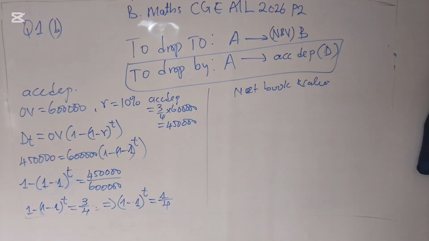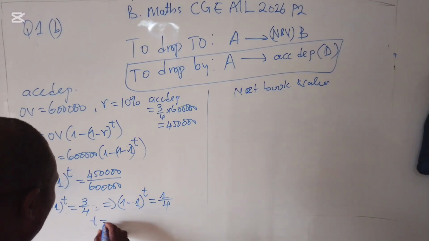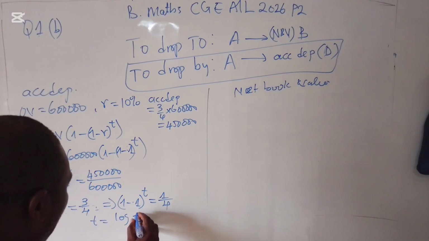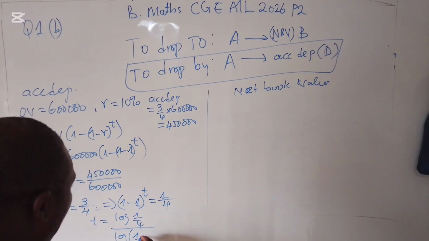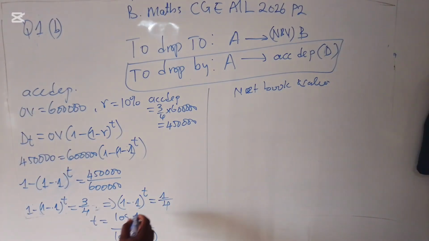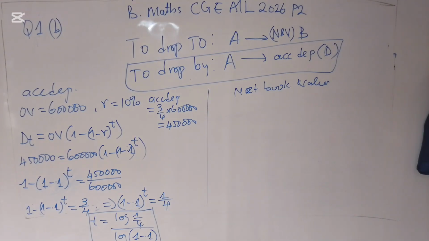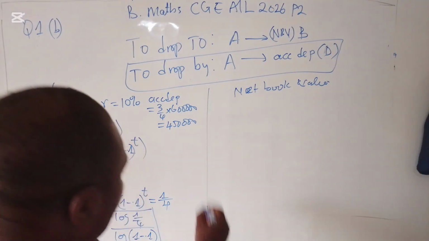Now we can also see that T is equal to log of 1 quarter divided by log of 0.9. That will be the value of T. I only have one phone, I don't have a calculator, I only have a phone that I'm using for shipping. So that's that.